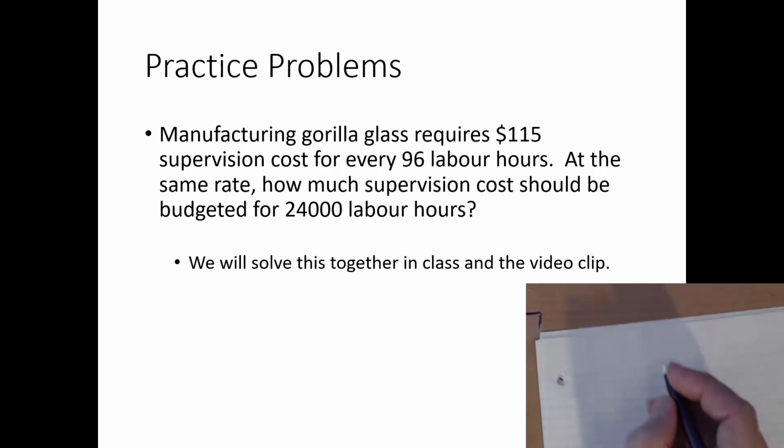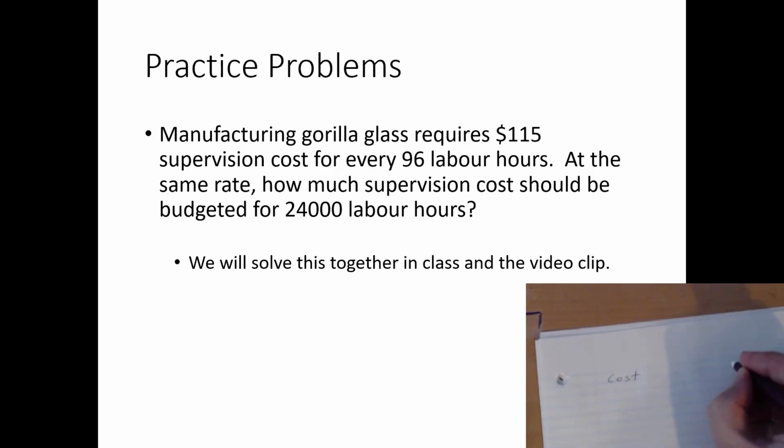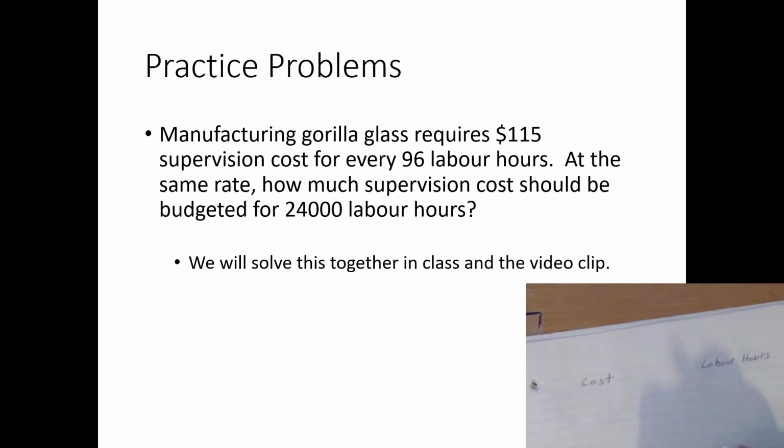Okay, so let us break this down into cost. I'm going to have one column for cost, and one column for labor hours. So I'm going to have two columns there.